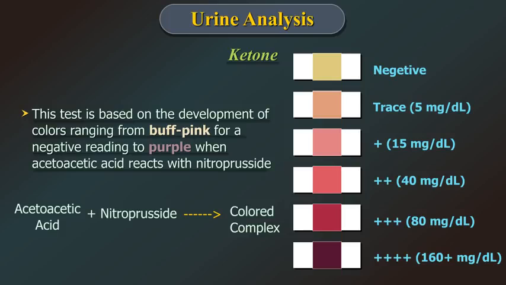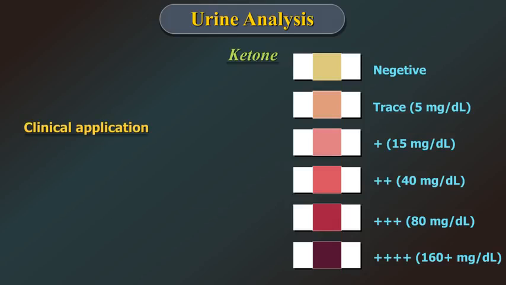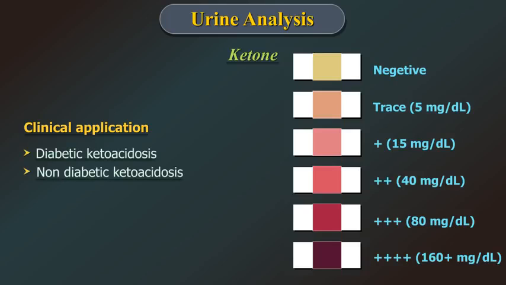Ketone. This test is based on the development of color ranging from buff pink to purple when acetoacetic acid reacts with nitroprusside. Clinical application for detecting diabetic ketoacidosis, non-diabetic ketoacidosis as found in starvation or extreme febrile state, and lactic acidosis.